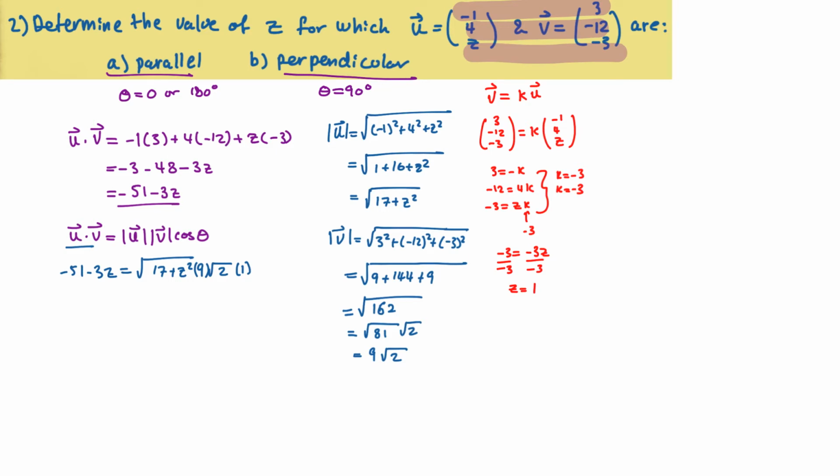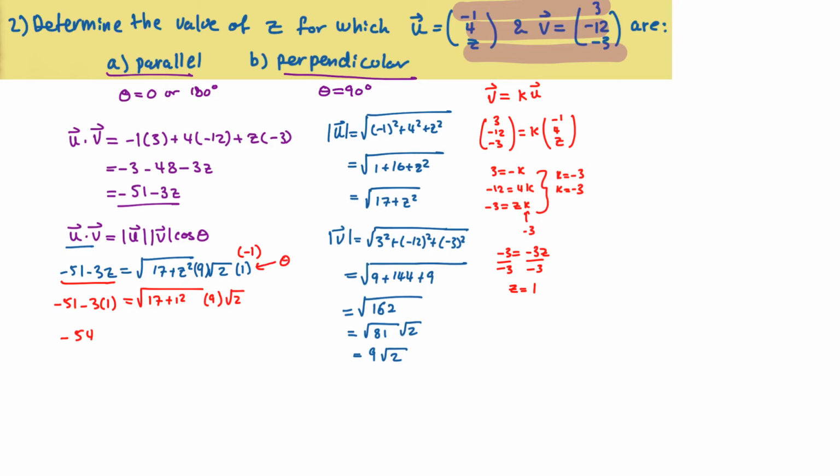Okay, now that we have this, let's go back and see if z is equal to 1, whether our equation actually holds. So in the first case here, we've got negative 51 minus 3 times 1, and that will give us negative 54. And on the right-hand side, we've got root of 17 plus 1 squared times 9 times square root of 2, and cosine of theta is either 1 or negative 1.